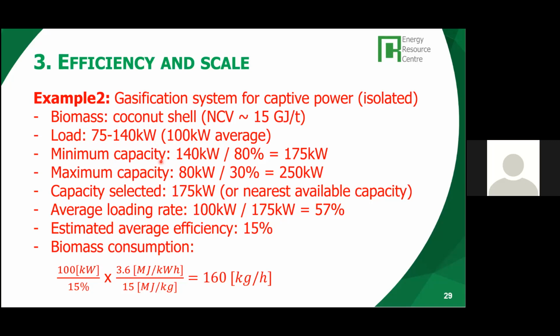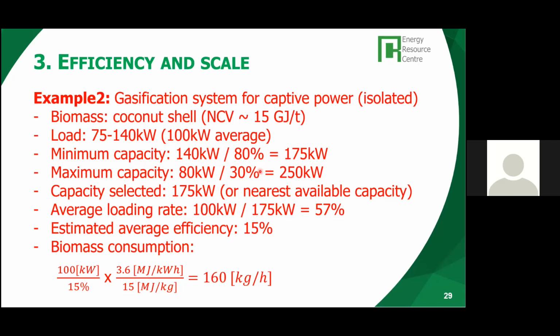You could say that the minimum capacity required could be expressed as a percentage of the maximum load. For example, if we want to have at least 20% overcapacity in case of load peaks, then you would say you need a system with a minimum capacity of 175 kilowatts.